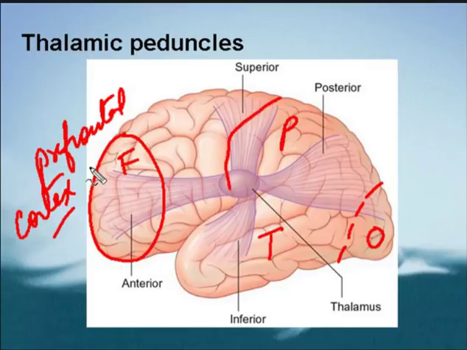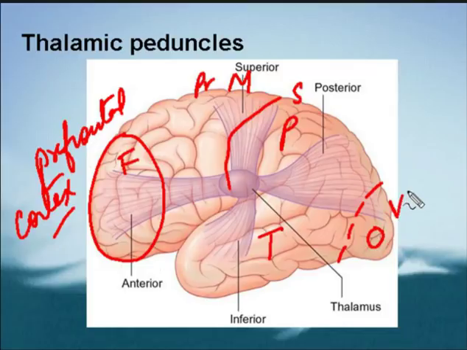The superior thalamic peduncle, as you can see here, connects it to the frontal and the parietal lobe. And what parts lie here? You have the premotor area, you have the motor area, and you have the sensory area. So this is what it is connecting it to. The posterior thalamic peduncle connects it to the parietal lobe, as you can see, and the occipital lobe. So this connects it to the visual cortex.